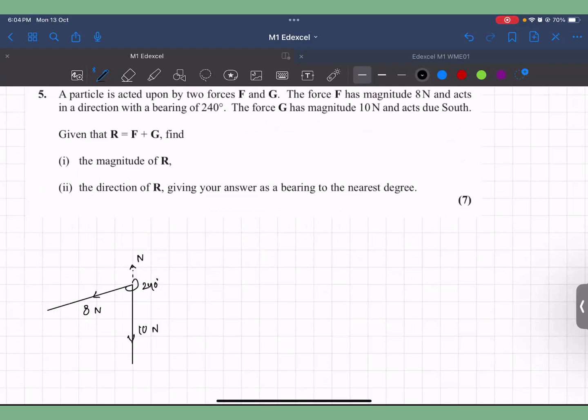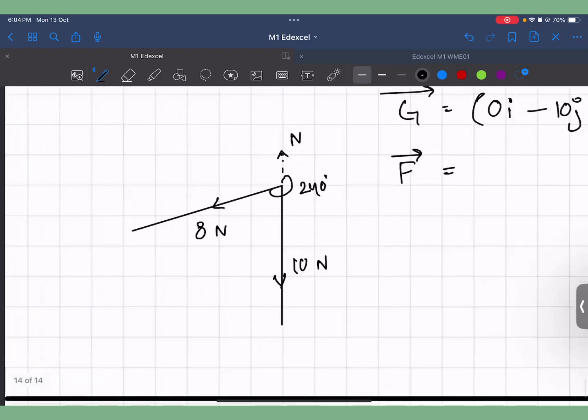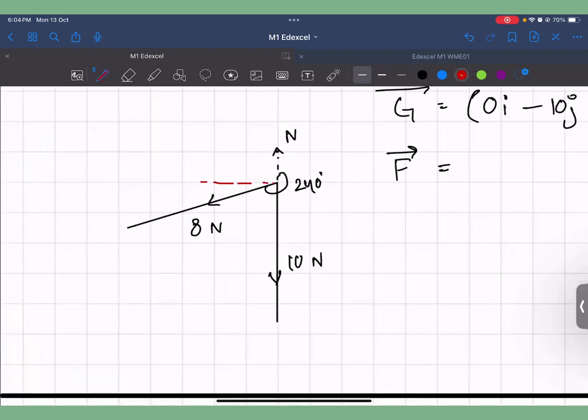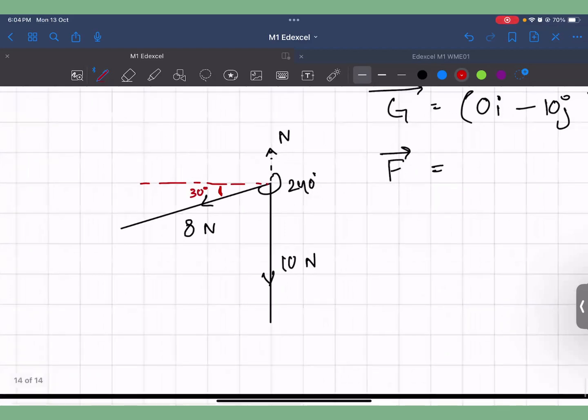So the G force would be 0i minus 10j Newtons, because there is no horizontal component, it is vertically down. For F, we need to break it down into components. This is the angle: 270 minus 240 becomes 30.